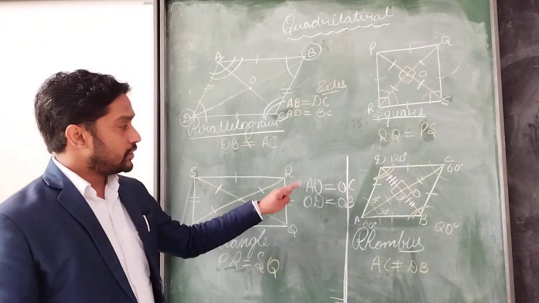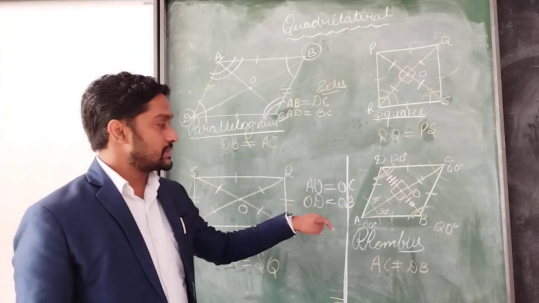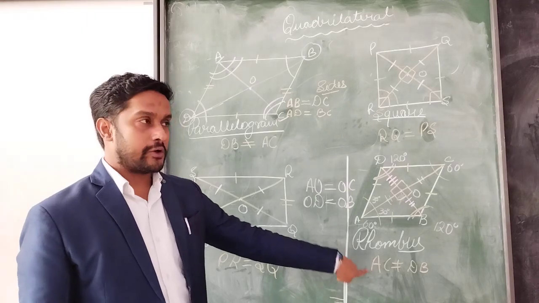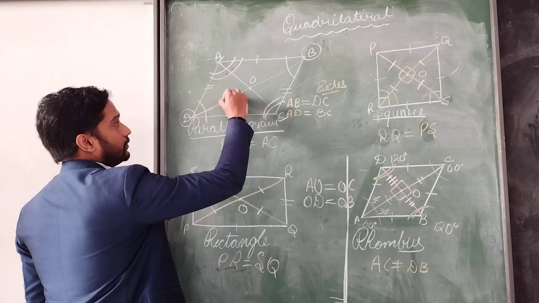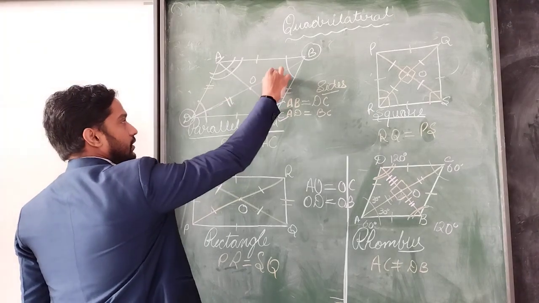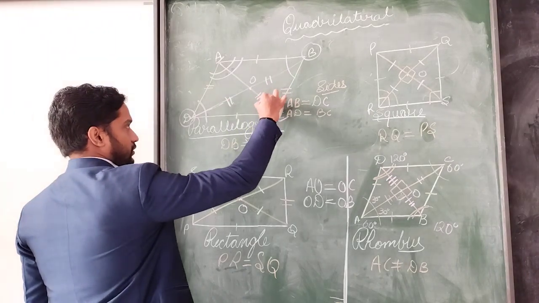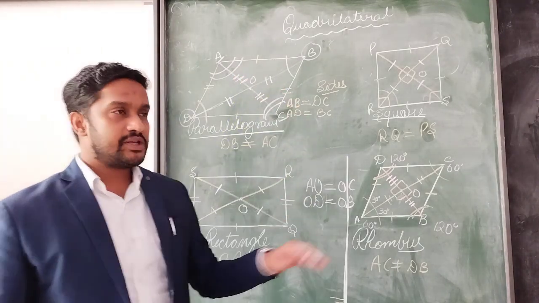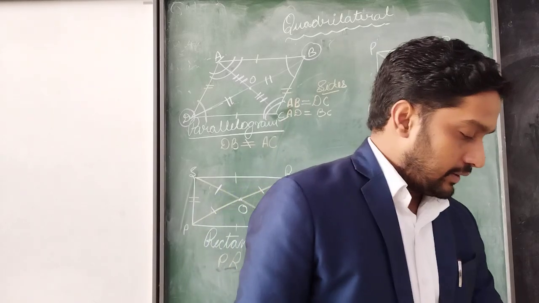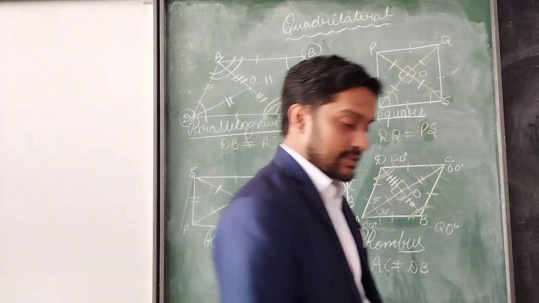In this one, all the four line segments are not equal because the diagonals are not equal. Same case in parallelogram also: OD will be equal to OB and OC will be equal to OA. So on the basis of this property, some of the questions were asked in your exercise.